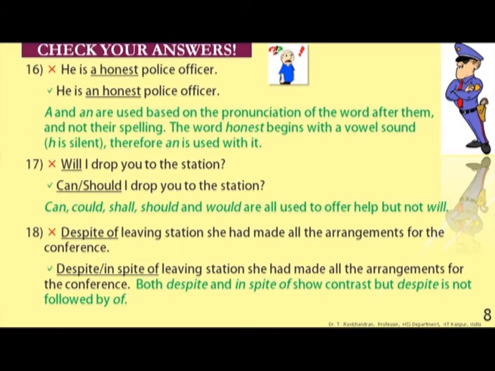Here, the wrong sentence is "He is a honest police officer." The word honest begins with a vowel sound because the letter H is silent. Therefore, it is pronounced honest and an is used. "He is an honest police officer."